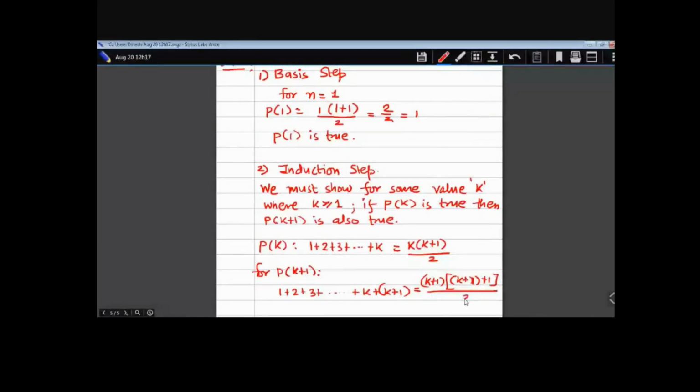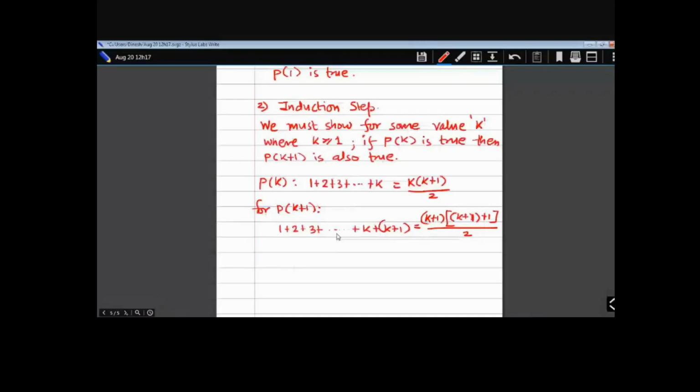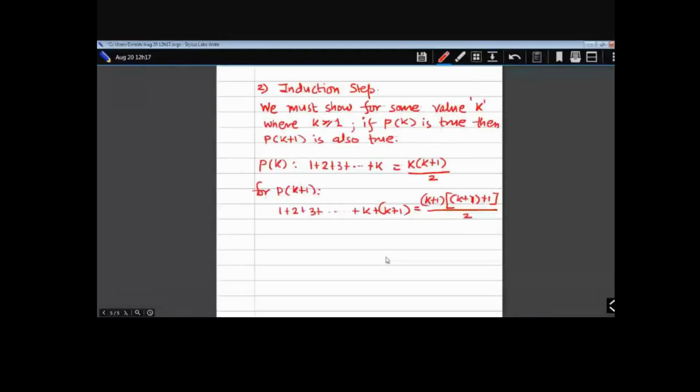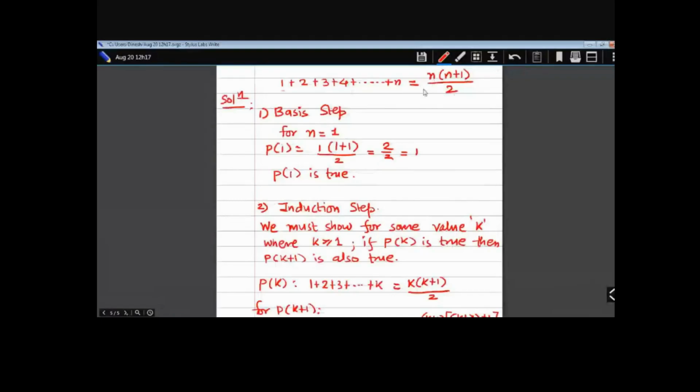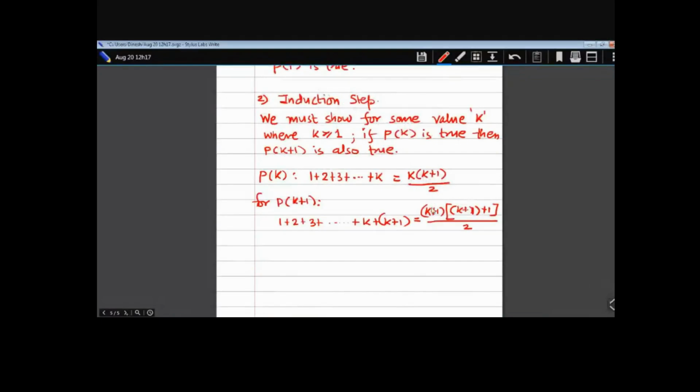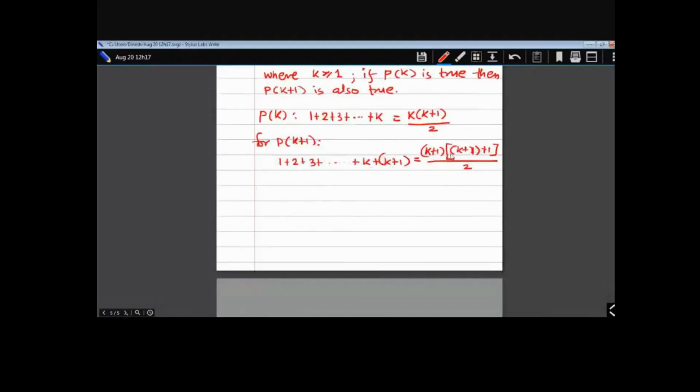So let me add a page. Are you getting me? n into n plus 1 by 2 is for n. So for k, it is k into k plus 1 by 2. And for k plus 1, it is k plus 1 into k plus 1 plus 1 by 2. Now let us solve the LHS.